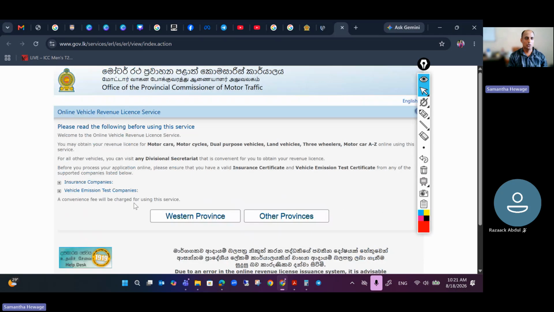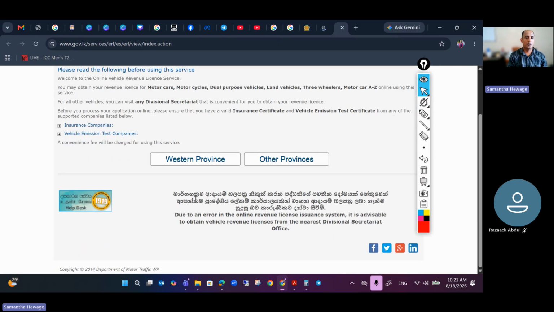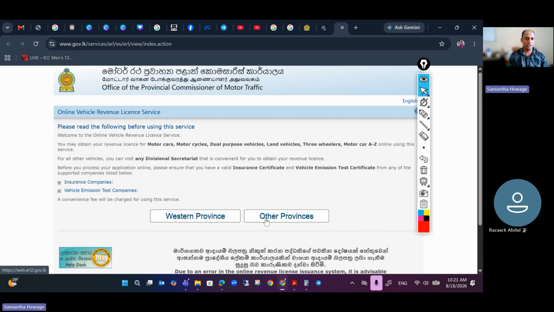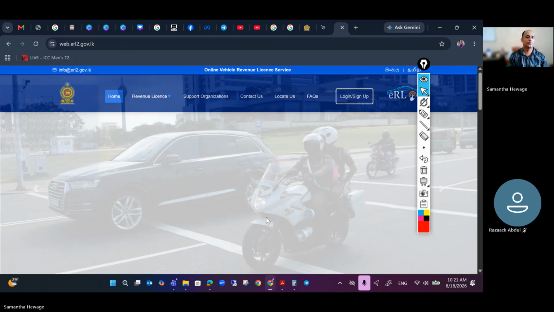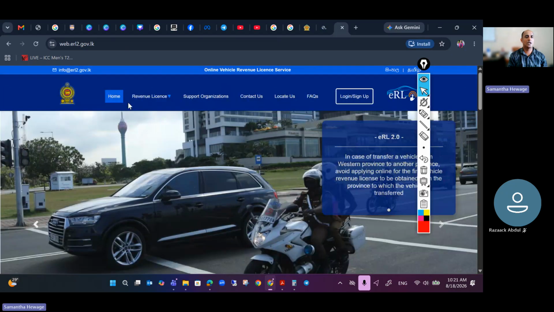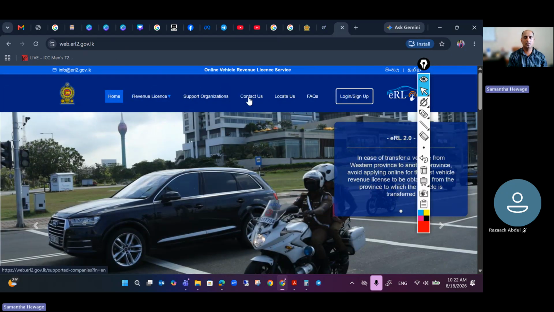Here we go. Online vehicle revenue license, that is ආදායම් බලපත්‍ර. In Sinhala we say, you know, revenue license. So you should get a ආදායම් බලපත්‍ර in Sinhala. So let's say other province, you can click here. See, government.lk, right?